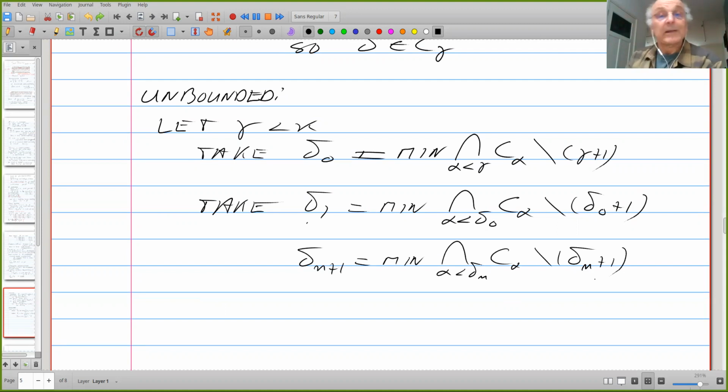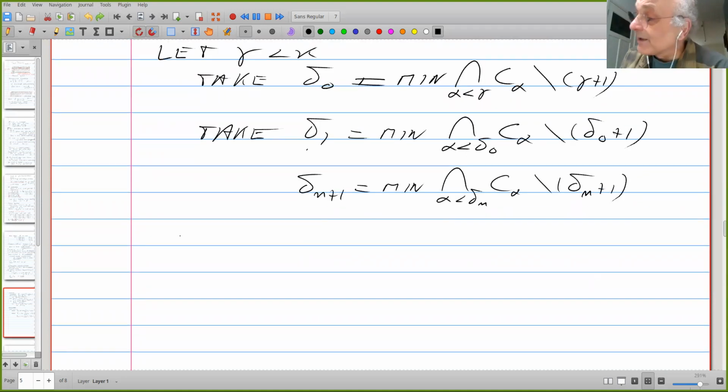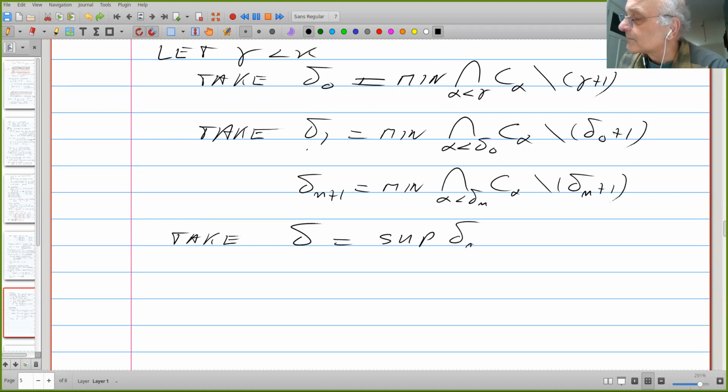We find delta n plus 1 to be in the intersection of all the C alphas where alpha is less than delta n, and so on. And now we take the delta that we're looking for to be the supremum of the delta n's. And so delta is bigger than gamma, that's for sure.